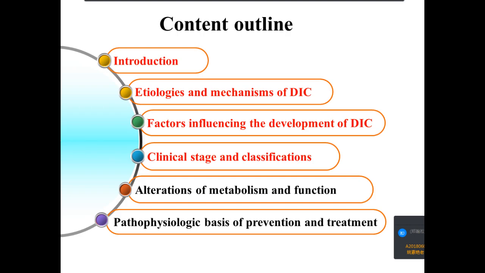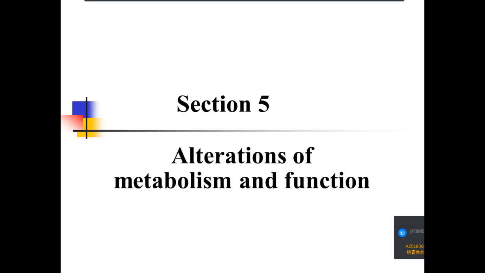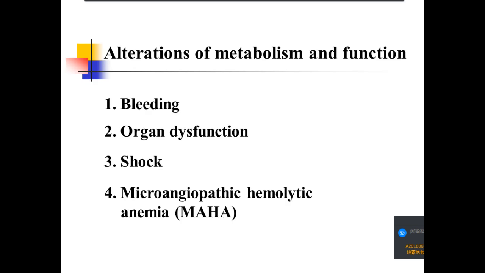Now the next is alteration of metabolism and function. Manifestation. From the definition, we know DIC manifestations include bleeding, organ dysfunction, shock, and microangiopathic hemolytic anemia.